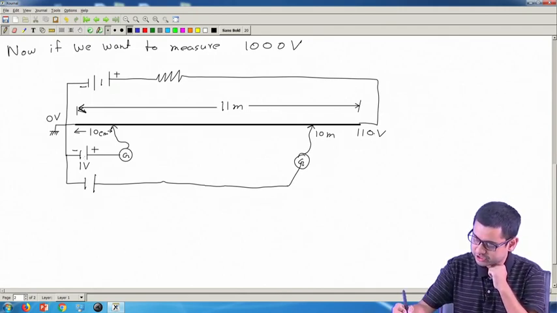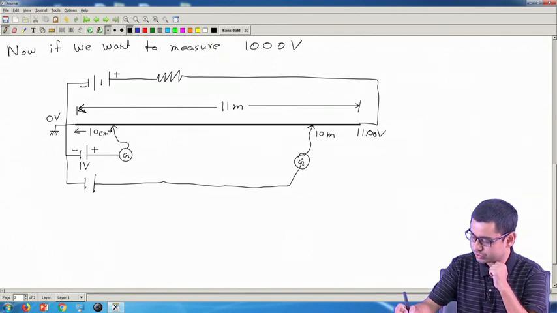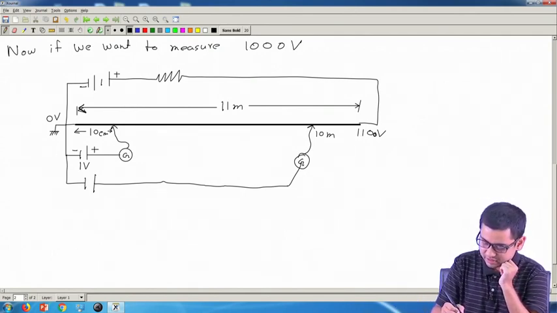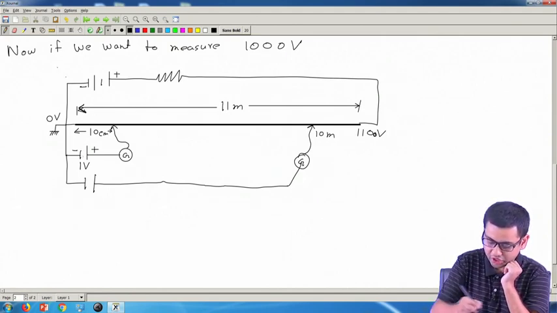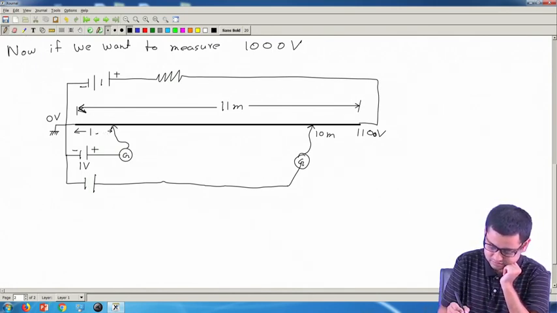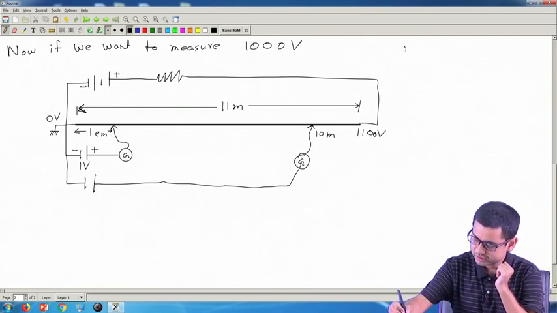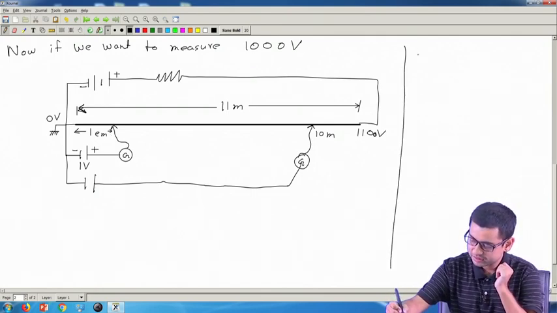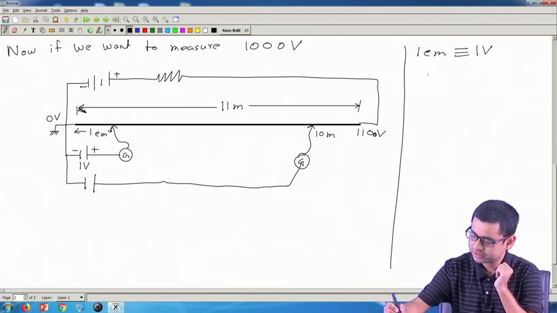Okay. So, then we have to set this point somewhere around 1100 volt, and then we should do the calibration by putting the jockey at 1 centimeter.